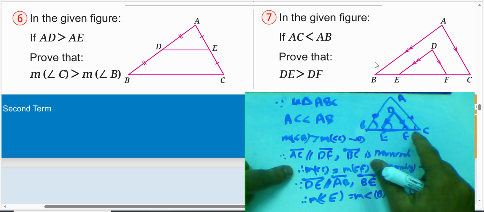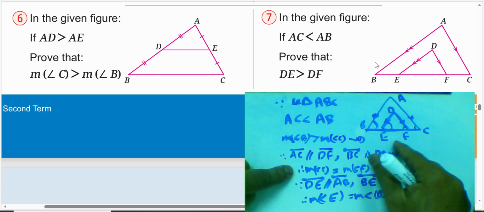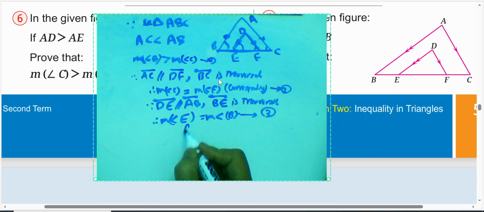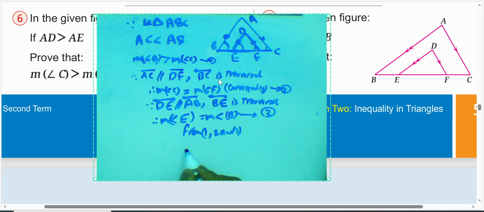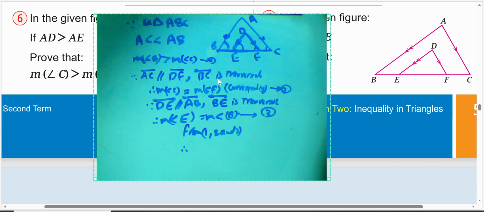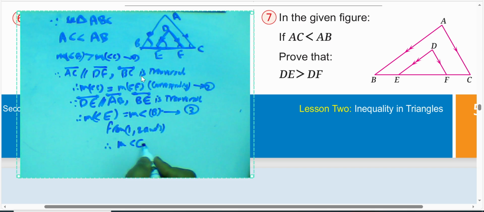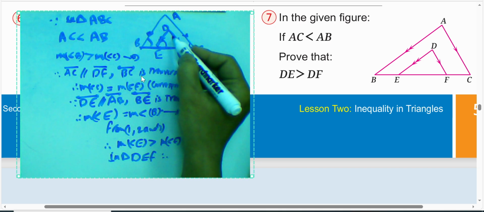Look at here, angle B greater than C, E and B equivalent, and C and F equivalent. The measure of angle E greater than measure of angle F. From relations 1, 2, and 3, then you can write measure of angle E will be greater than measure of angle F in triangle DEF.